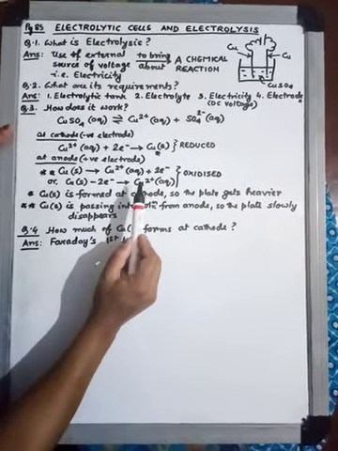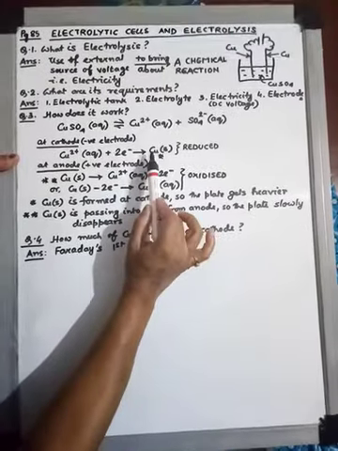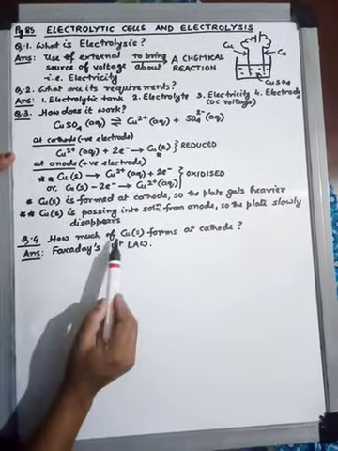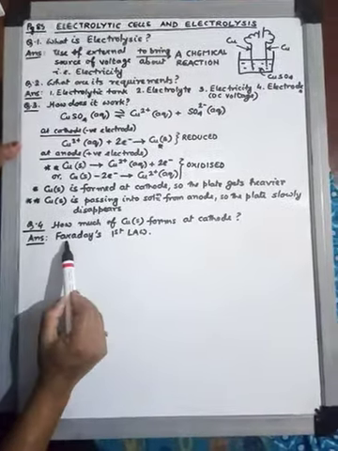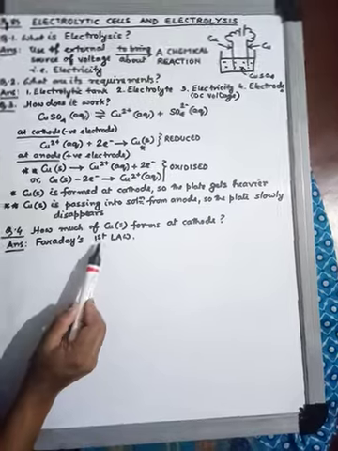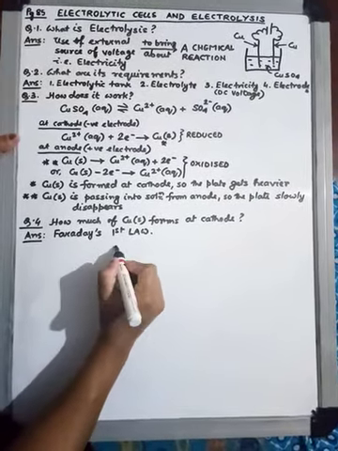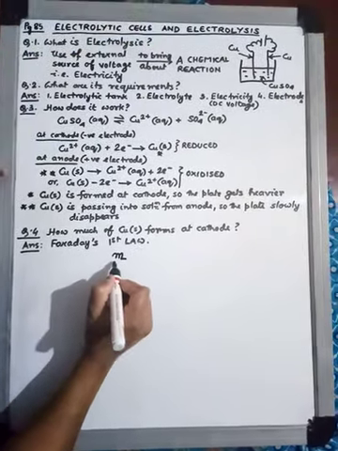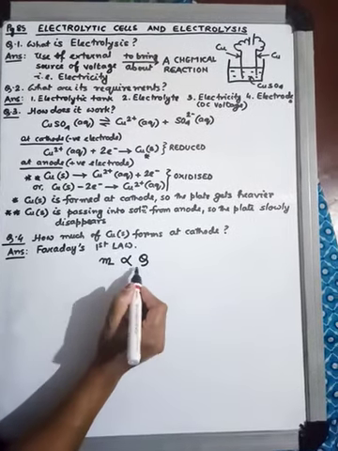Now the next question that comes to our mind is, how much of this? We are saying that Cu solid is being formed at the cathode. So how much of Cu solid forms at the cathode? This was found out by Faraday, and he has given his first law. He has said that the amount, that means the mass of copper that is going to get deposited there, will be proportional to the quantity of electricity.